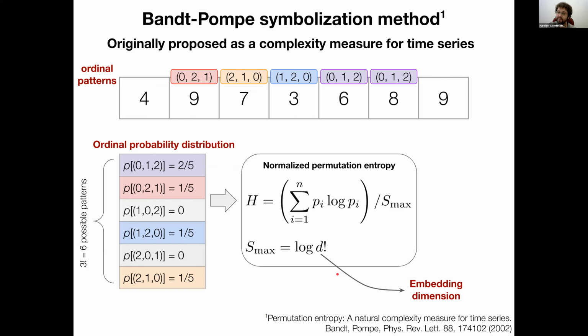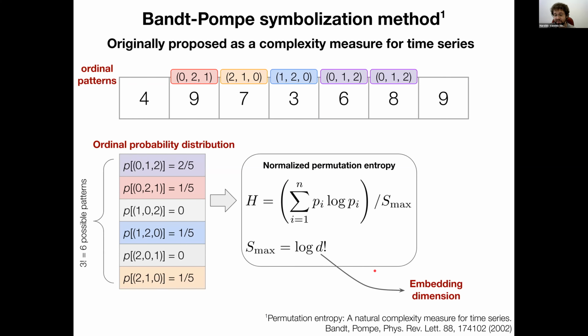And as you know, the Shannon entropy is maximized when all probabilities are the same, when we have a uniform probability distribution. And in this case, the S max will be the log of the number of states. So in this case, I will be dividing by log of 6, but more generally, we can divide by the log of the embedding dimension factorial, as I am showing here.